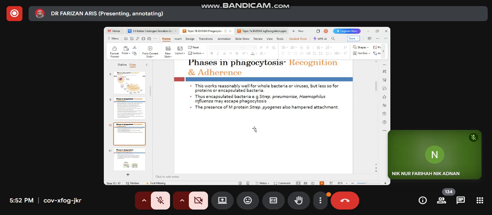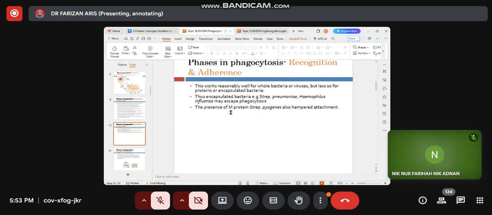Only when there are certain exceptions would this kind of mechanism fail. One very common characteristic of bacteria that do not allow phagocytosis to kill them is capsule formation. Any kind of bacteria that normally produces a capsule will normally not be killed by phagocytosis, so the immune response needs to use another mechanism.